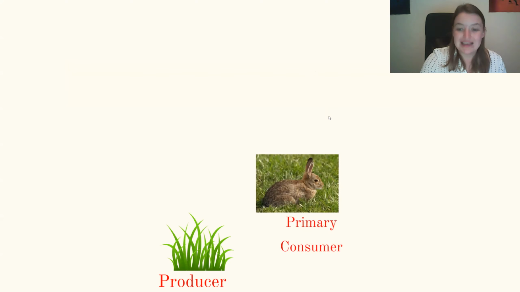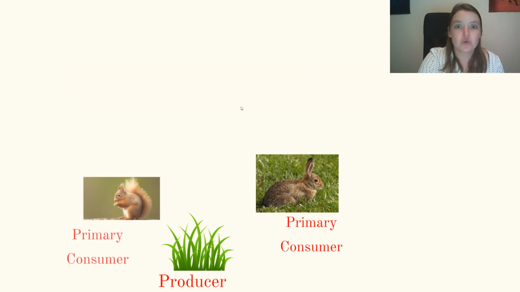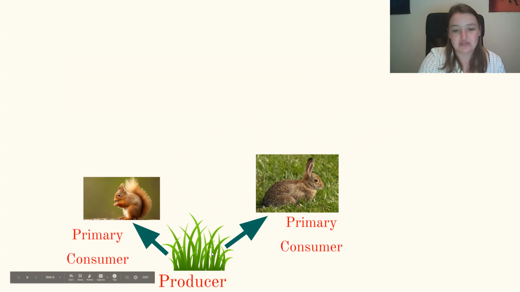It uses the light from the sun. So we have our grass. Rabbit is a primary consumer, but it is not the only animal that consumes our grass. Squirrels are also known for consuming grass. So now we have two primary consumers.